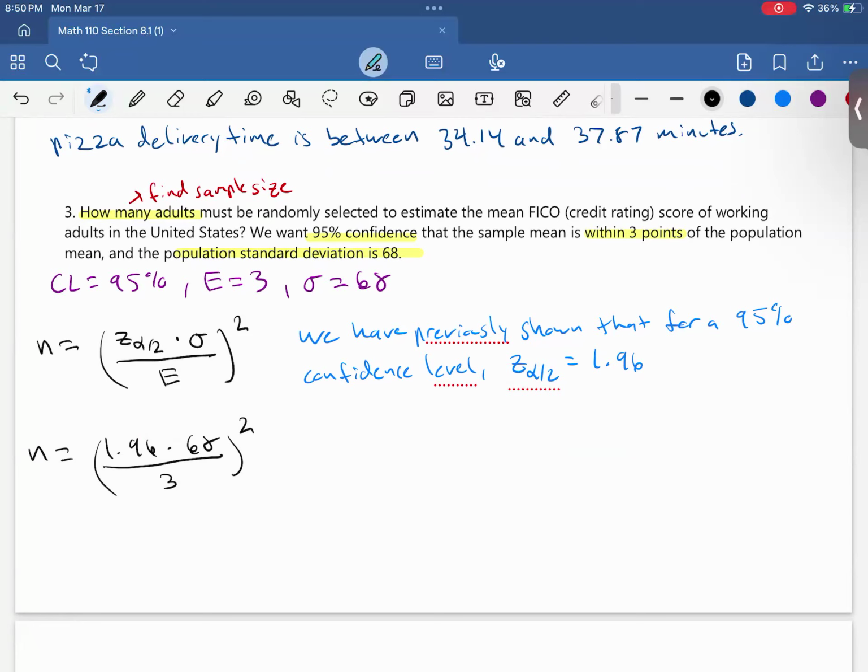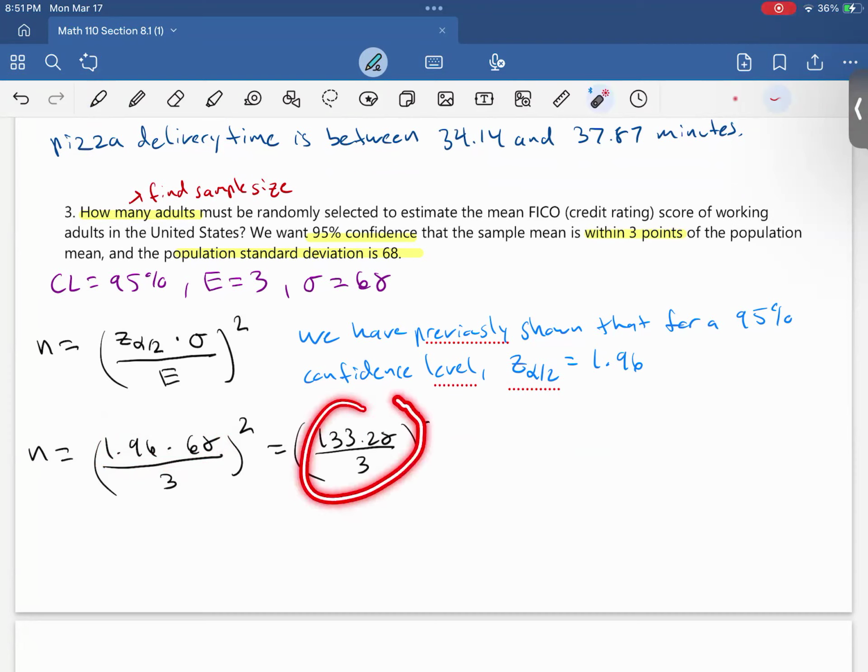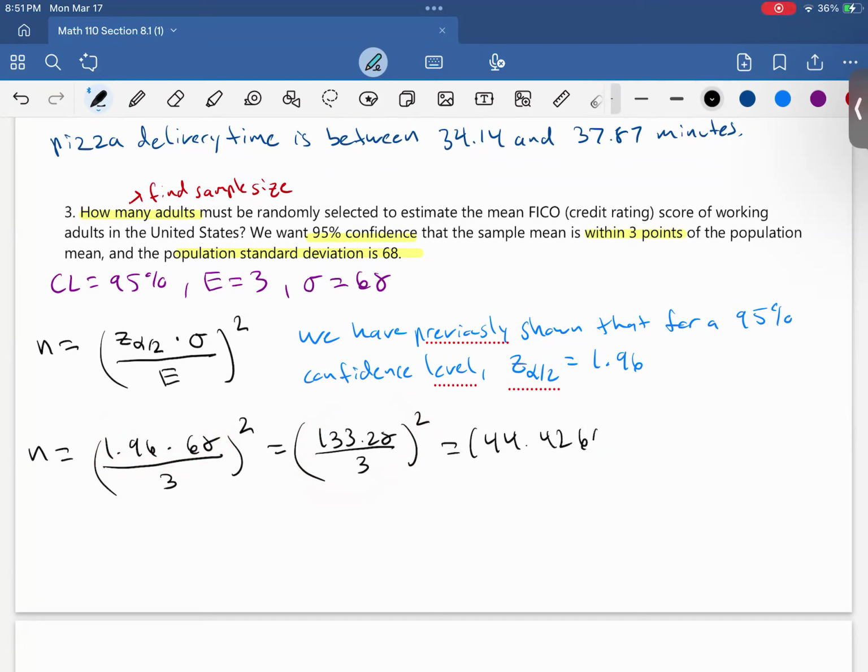So it's always best to just take it one step at a time. And so let's multiply the top component first. So 1.96 times 68. That turns into 133.28 over 3 squared. And then once again, it's better just do this in parts. So I'm going to divide 133.28 by 3. And what I'll have here is approximately 44.4266666667.